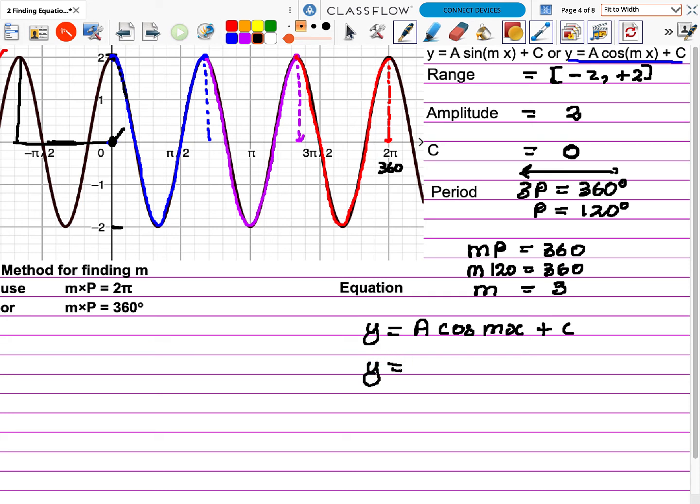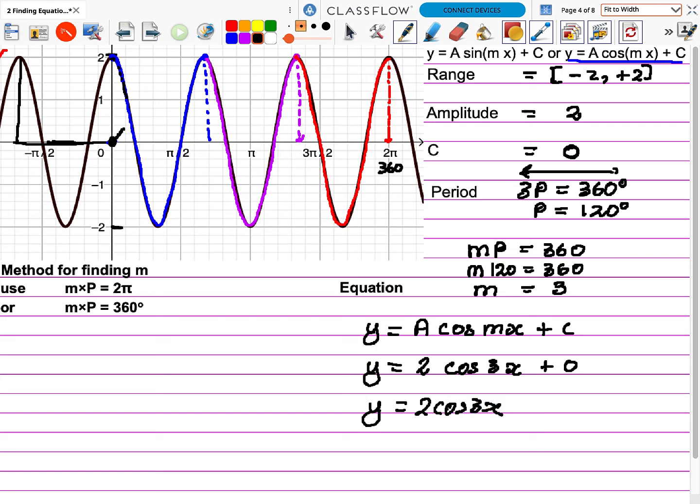So we've got y is equal to a, which is 2, cos, m is equal to 3, x, and c we'd already calculated is equal to 0. So the equation of this curve is 2 cos 3x.